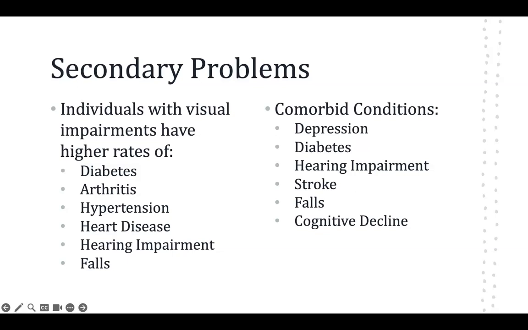Also arthritis, hypertension, which again makes sense because of that pressure from high blood pressure, heart disease, hearing impairments, and falls all commonly have higher rates of having a visual impairment. Also, there are comorbid conditions, so things like depression, diabetes, having a hearing impairment, stroke, falls, and cognitive decline may be comorbid conditions with a visual impairment. So things to keep in mind.